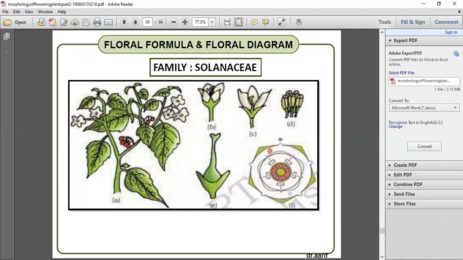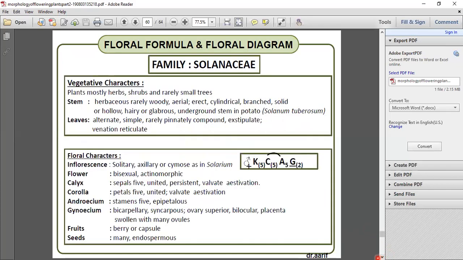So if you cut the flower into a cross section, you will be able to see such a structure. Let us know more about this family. In this family, the majority of plants are herbs, shrubs, and even if they are called trees, they are very small in size.